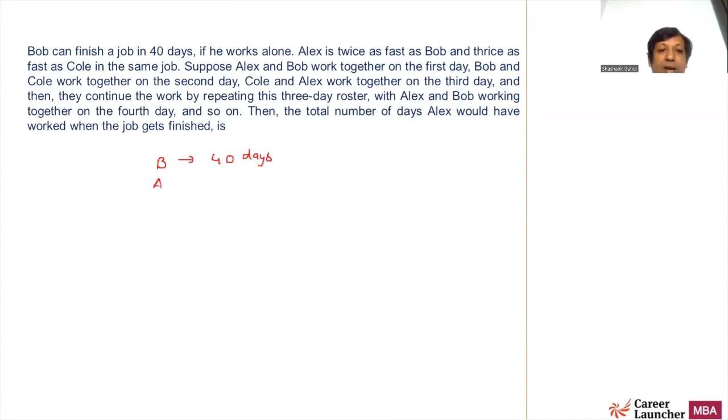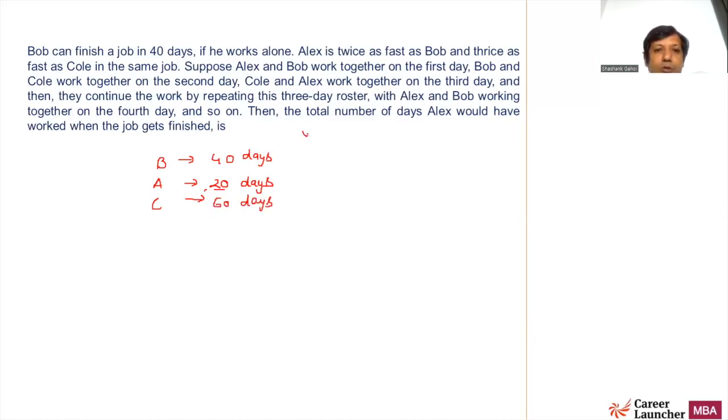So if Alex is twice as fast, it means Alex is going to take half the time. So Alex is going to finish the job in 20 days. And Alex is thrice as fast as Cole. It means if Alex is taking 20 days, Cole is supposed to take 60 days, because Alex is thrice as fast as Cole.